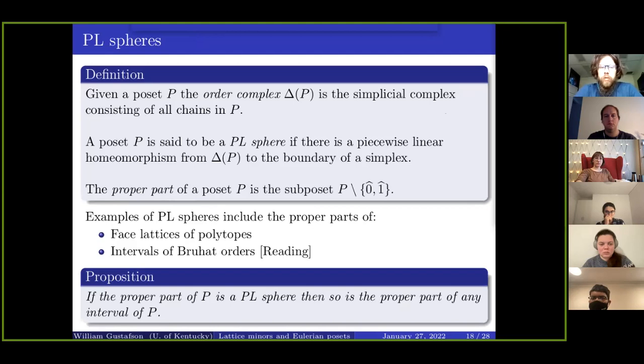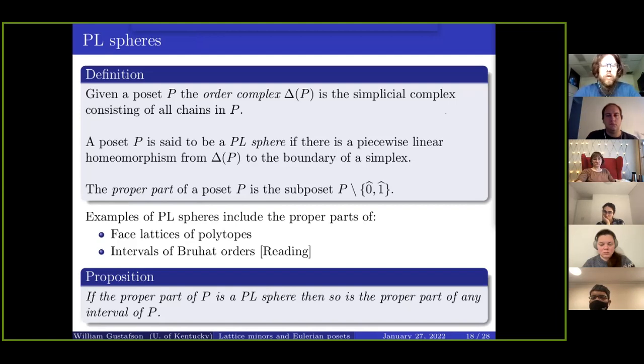We also need some notions about the order complex of a poset. For a poset, the order complex is the simplicial complex which consists of all the chains in the poset. We say a poset is a PL sphere when there's a piecewise linear homeomorphism between the order complex and the boundary of a simplex.